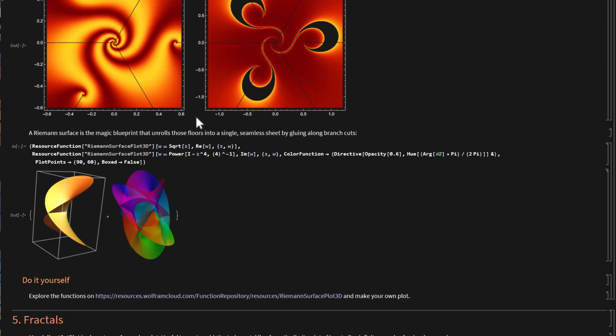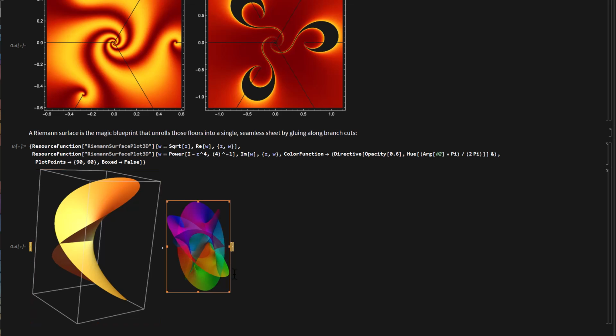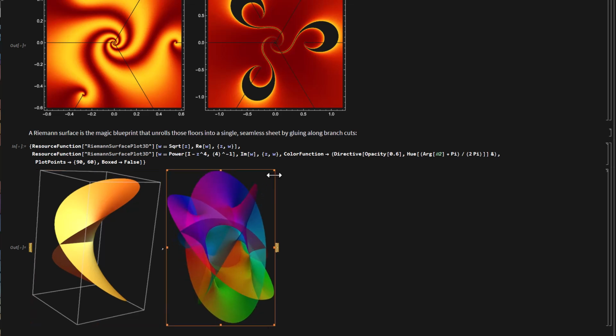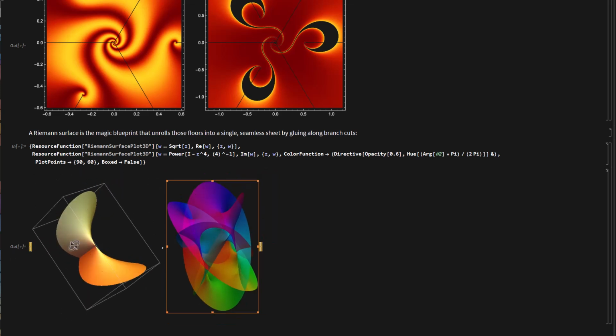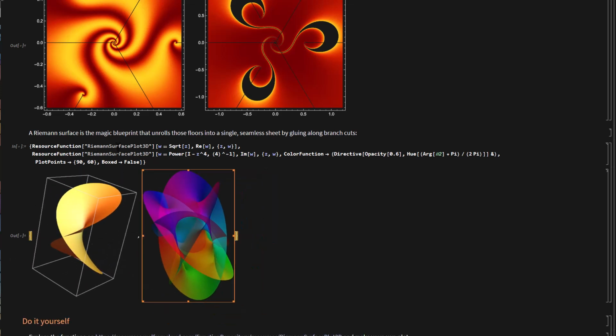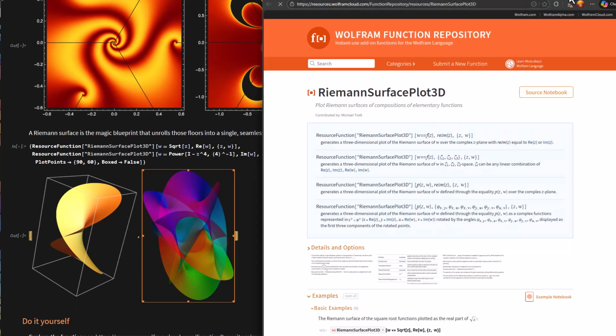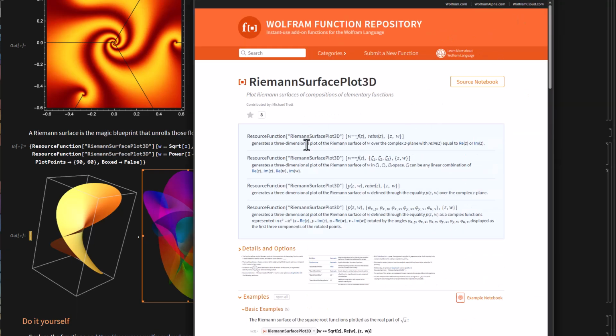The next part is more demanding for kids to understand because it includes four-dimensional plots embedded in 3D. If you know about branch cuts and multi-valued functions, these are the projections of those functions inside 3D space. There is a function available in the Function Repository called Riemann surface plot 3D.